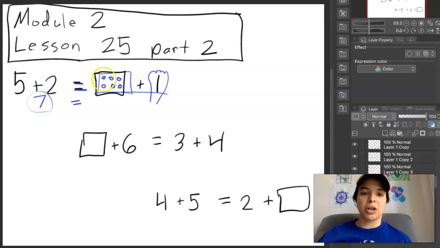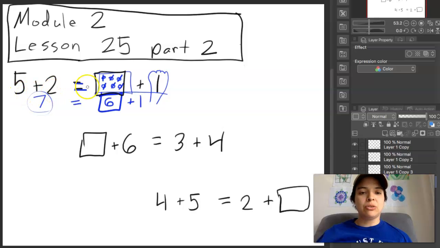Because that's our mystery number. 1, 2, 3, 4, 5, 6. So it's 6 plus 1. Our mystery number was 6. And now we know that 5 plus 2 is the same as 6 plus 1. How about that?